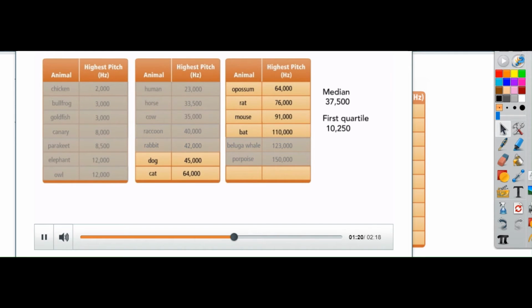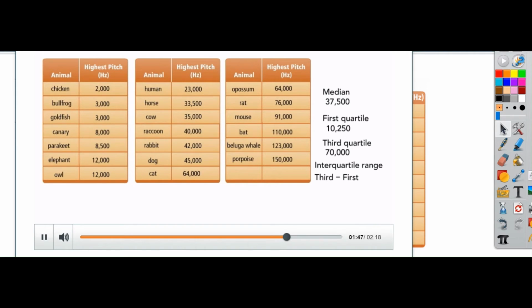So we cross off, and we have two values left. So we're going to add them up because you have to find the middle of the two values. And then you divide by 2 to end up with 70,000. So we have quartile 1 and quartile 3. Now we can find the interquartile range once we subtract.